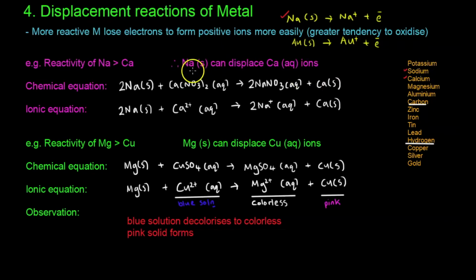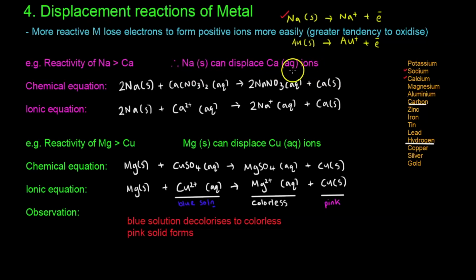That's why sodium solid can displace calcium aqueous ions. First of all, you have to know that the higher one can displace the one below, and the condition is that a solid displaces an aqueous ion, not solid displacing solid.